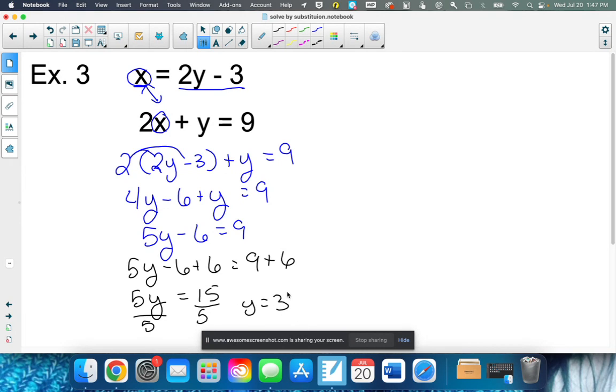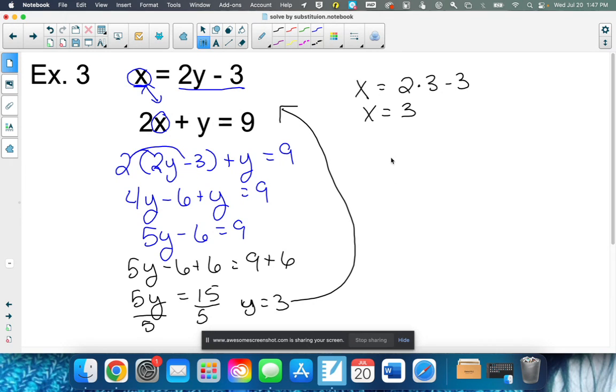Now, be really careful when you substitute this back in. Remember that you're substituting for y this time because that was the variable that you got. Okay, so pick whichever function you want to do. If you do the first one, it's going to be x is equal to 2 times 3 minus 3. And that means x is going to equal 3.